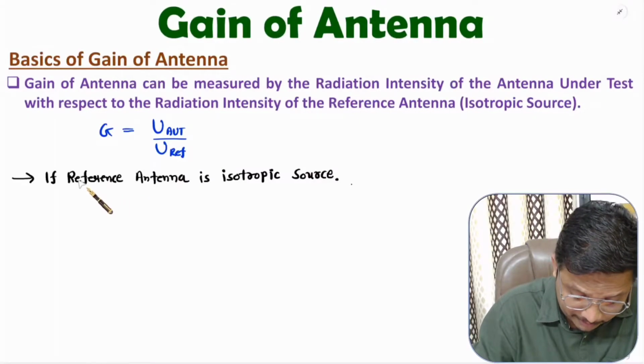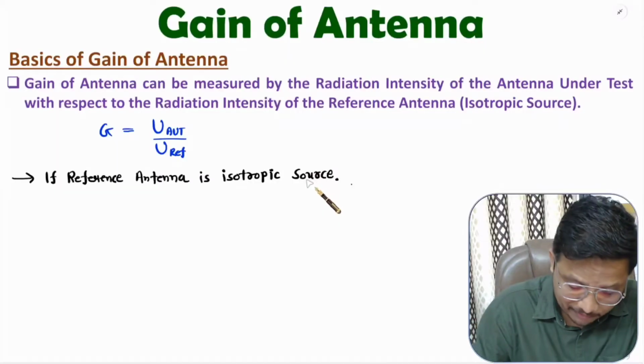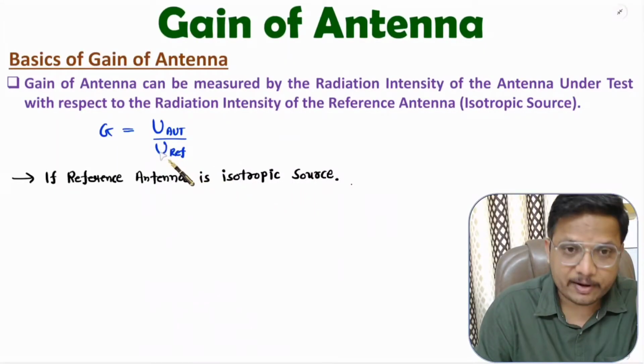If the reference antenna is an isotropic source, in that case we can identify the radiation intensity of the reference antenna.